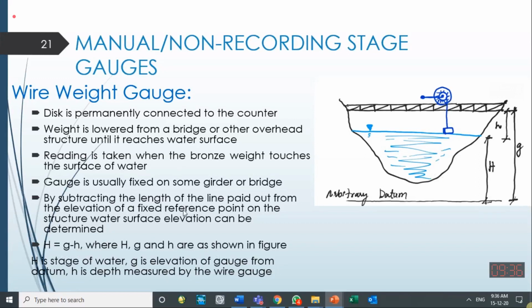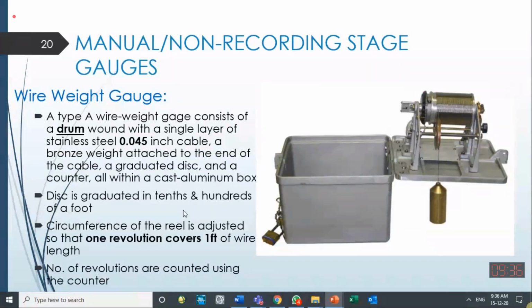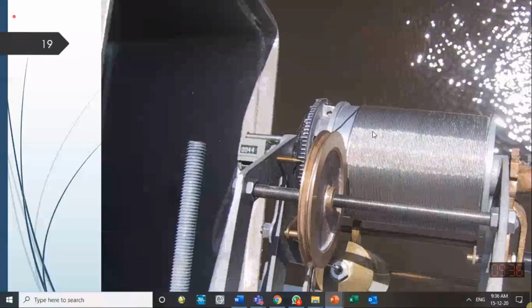So that is usually used in the field also. This is another figure for the same. While it is not in use, it is covered with a box to protect it from corrosion or damage. The wire is wound around it, just one cycle of the wire is over there. It is not duplicated.